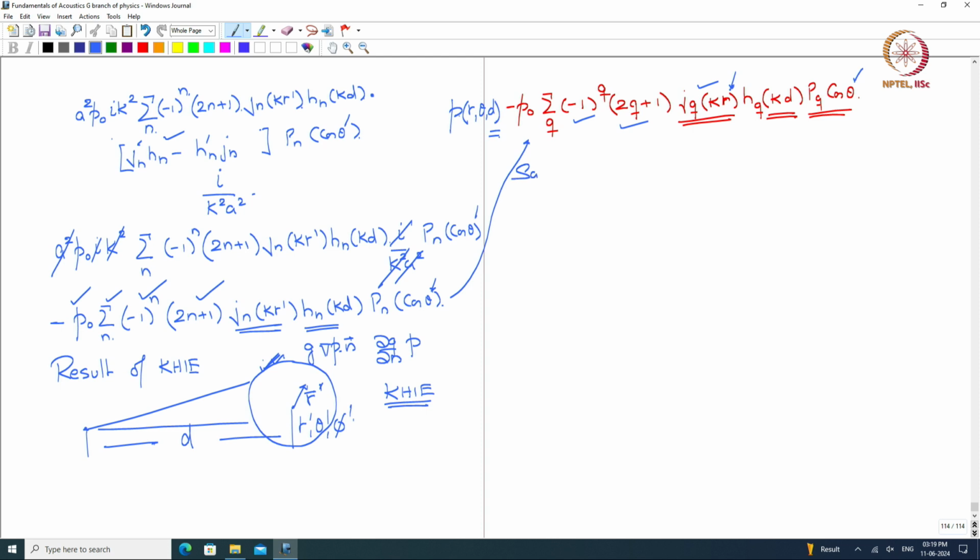So this is the same value, the same expression. What does this mean? This expression we got using the KH integral on an imaginary surface, and this we got directly, analytically, from the source.